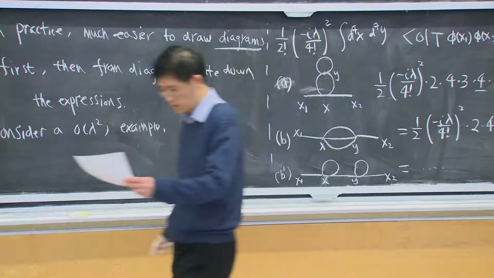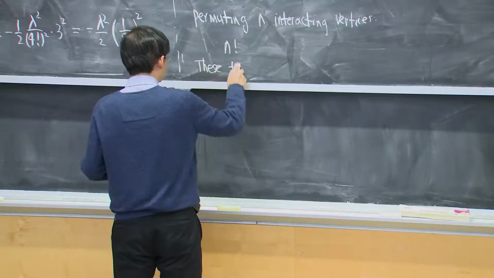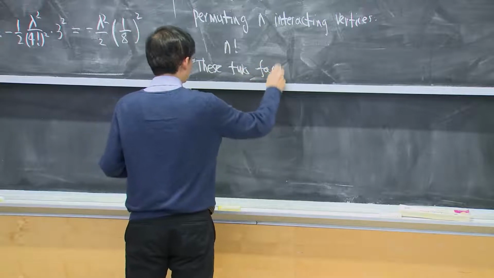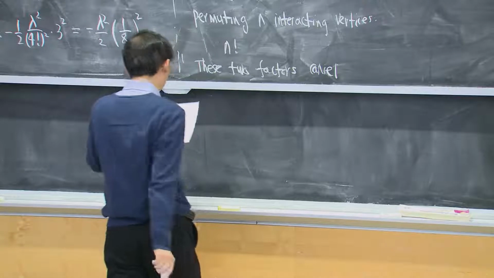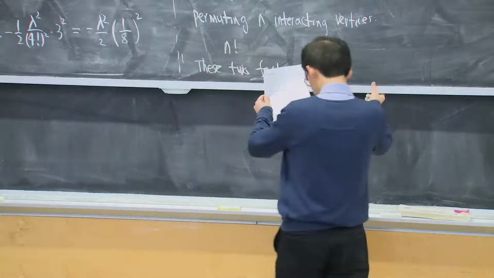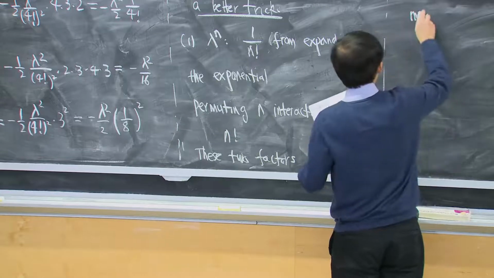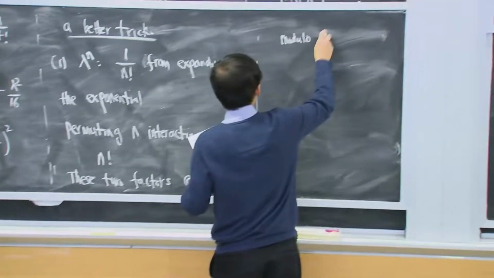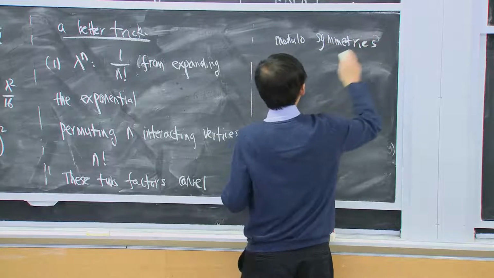So these two factors cancel, modulo symmetries in permuting vertices.